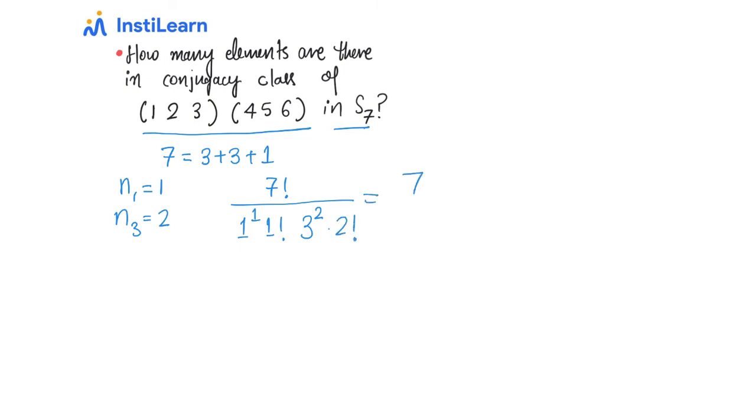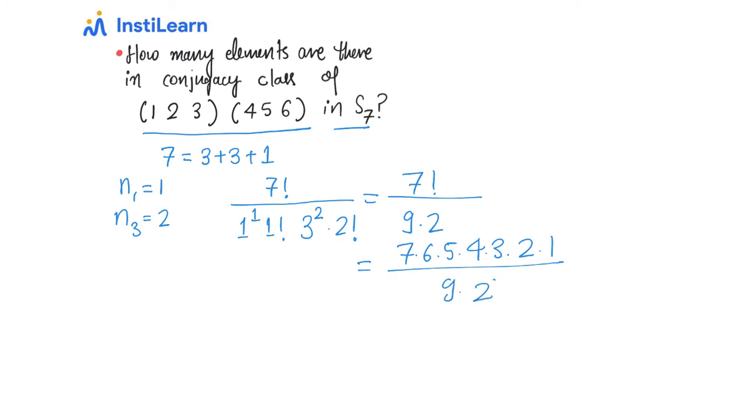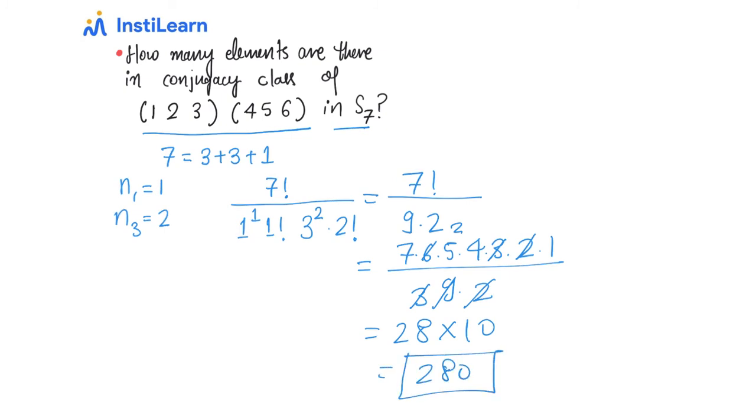So this will be 7 factorial divided by 9 into 2, which is 7 into 6 into 5 into 4 into 3 into 2 into 1 divided by 9 into 2. So 2 cancels out, 3 cancels with 3, and this is 2. So this will be 28 times 10, which is 280. So there are 280 elements in S7 which are conjugate to this given element (1, 2, 3)(4, 5, 6).